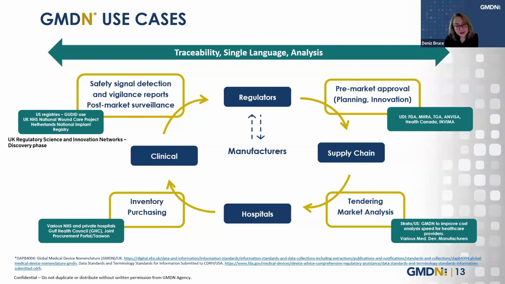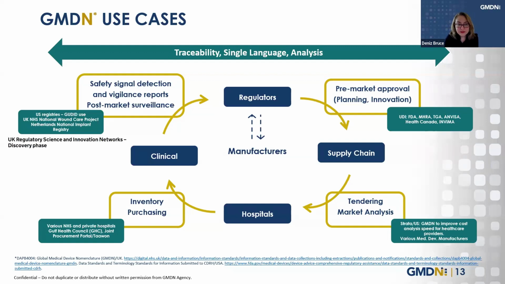Because it's a global platform, I can also give the example of the Gulf Health Council, GHC, Joint Procurement Portal. It's called Tavun. It's a tendering platform for all the Gulf countries, managed in Saudi Arabia, and they use GMDN as the device descriptor alongside many attributes and, obviously, UDI information.